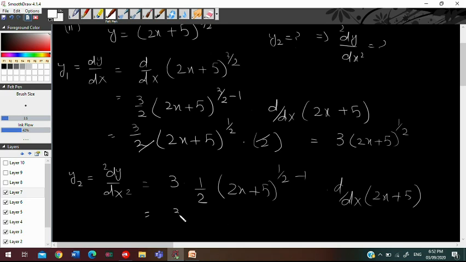Now 3 by 2, and then (2x plus 5) power minus 1 by 2, into 2. Derivative of 2x is 2 and of 5 is 0. 2 is cancelled with this, and you have 3 divided by under root 2x plus 5 as the answer of this second part.